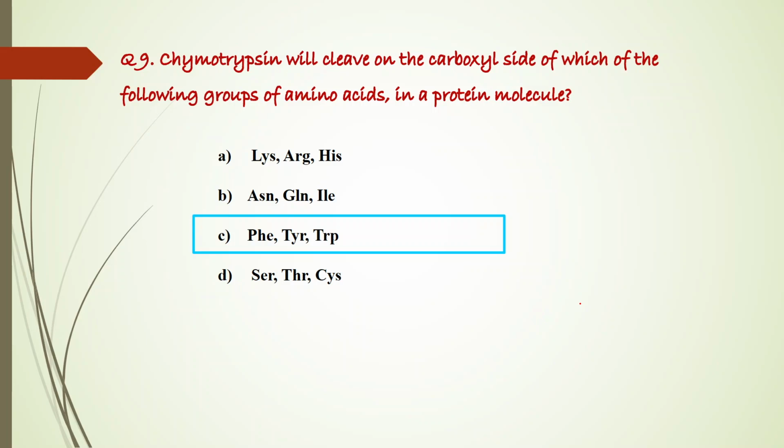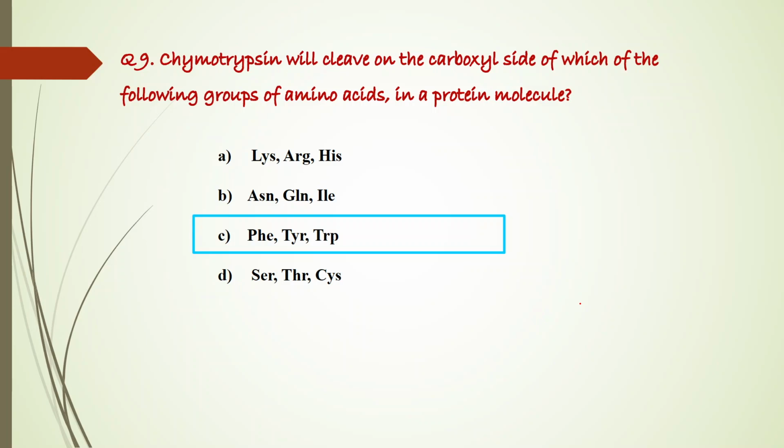If you remember their structure, all of them have an aromatic ring in their side chain, like phenylalanine with CH2Ph, and tyrosine. So chymotrypsin will always prefer amino acids with bulky hydrophobic side chains, and it will cleave on the carboxyl side of those particular amino acids.